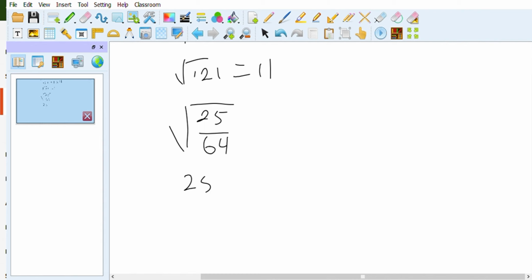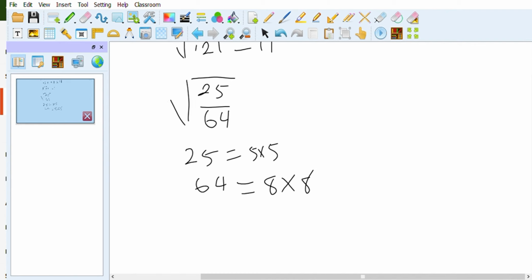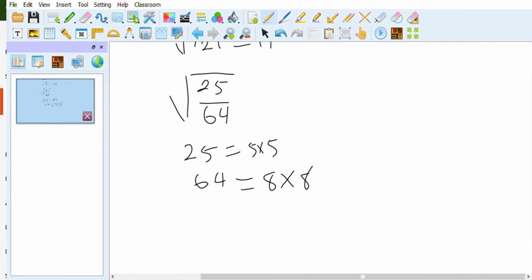We know that 25 can be written as 5 times 5, which means that the square root of 25 is 5. And from the examples we've done so far, we know that 64 can be written as 8 times 8, which means that the square root of 64 is 8.